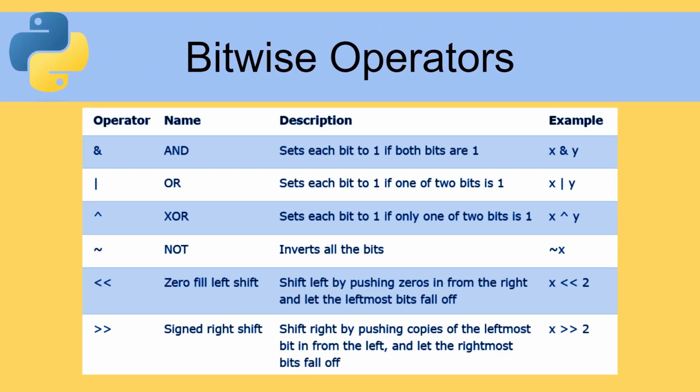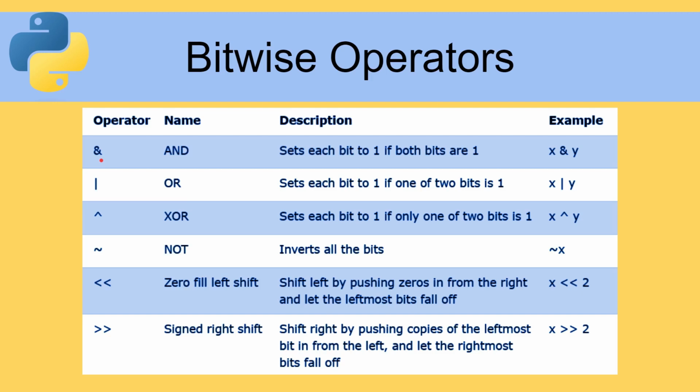Bitwise operators, or binary operators. When you do bitwise operators on a decimal number, in the background it does the operation on binary and then returns the result. If you do bitwise operators and you get a very strange number, that's okay, because that is the result of the binary operation.